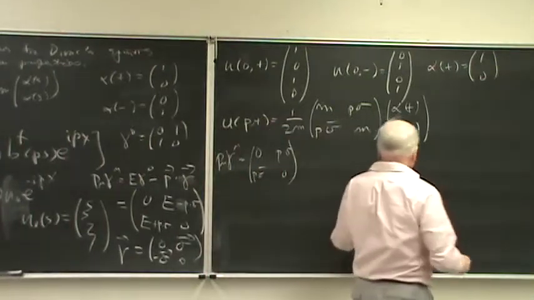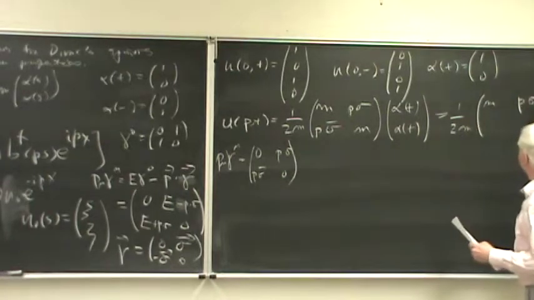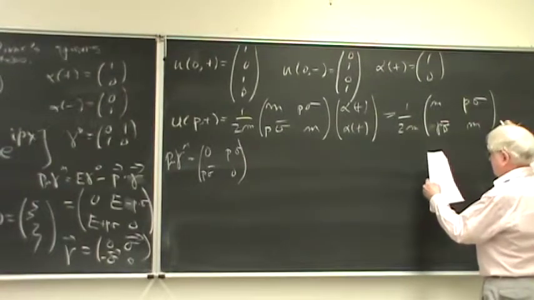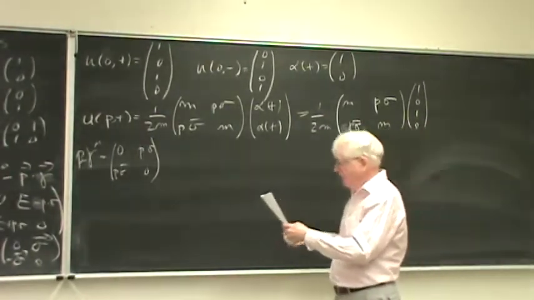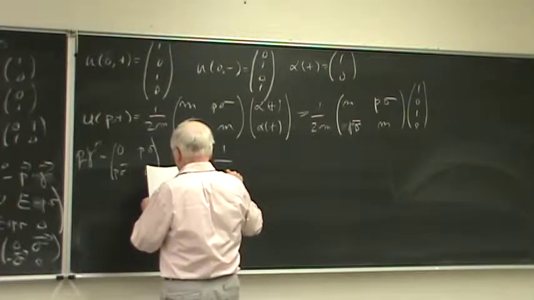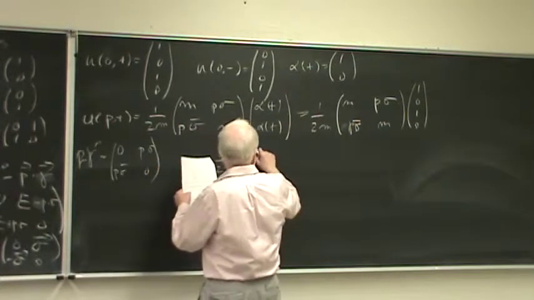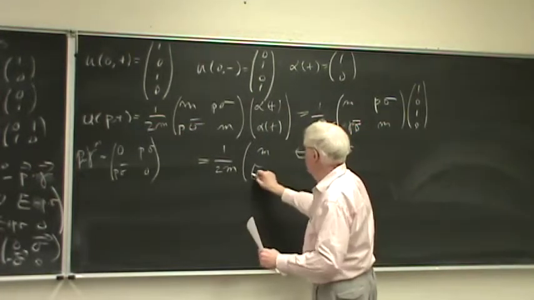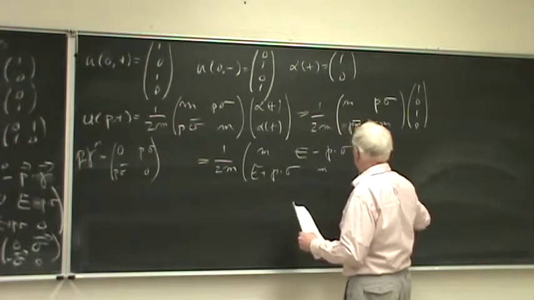So altogether then, this is 1 over 2m, m, p sigma, plus p sigma bar, m, on 1, 0, 1, 0. And so this is 1 over, I think this should be a 2m. 1 over 2m, m, E minus p dot sigma, E plus p dot sigma, m, on 1, 0, 1, 0.